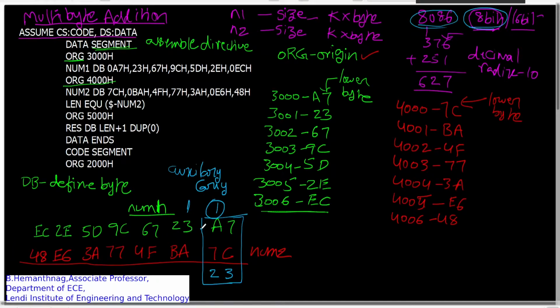If you look at this number, we have a total of 7 bytes: 1, 2, 3, 4, 5, 6 and 7. Once we complete all these 7 bytes, we have the total number added, which is number 1 added with number 2. I'll now complete the total sum and see the manual result.